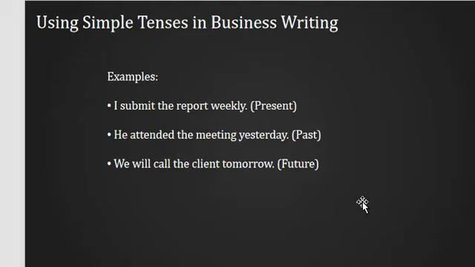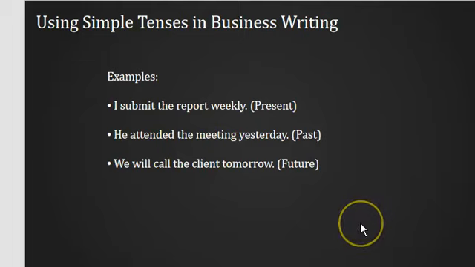Alright, simple tenses are especially useful in instructions, announcements, and status updates because they get straight to the point. In formal writing like emails and letters, simple tenses give your sentences a professional and polished tone. Avoid mixing tenses unnecessarily.